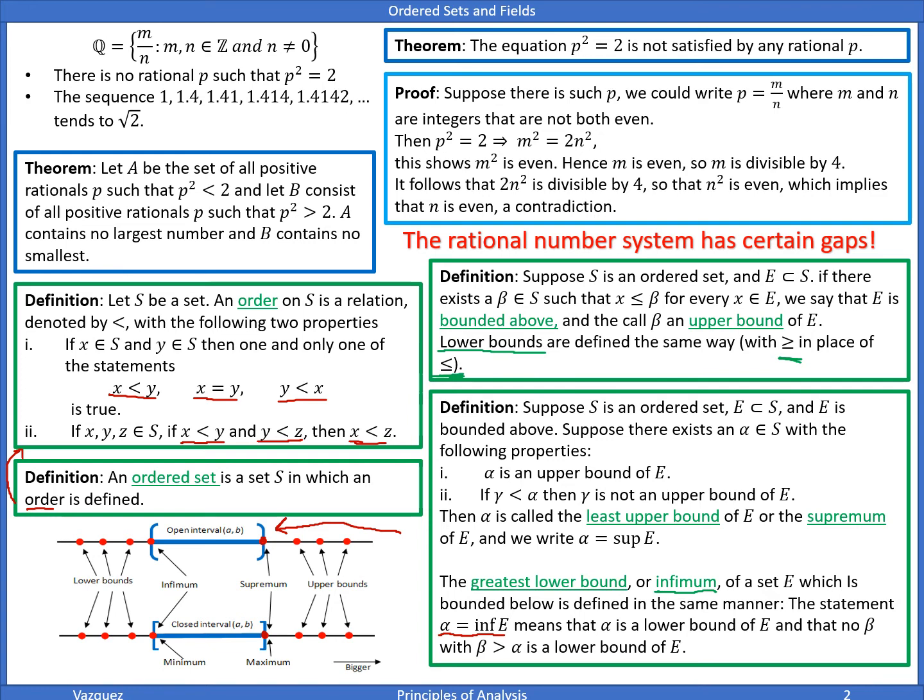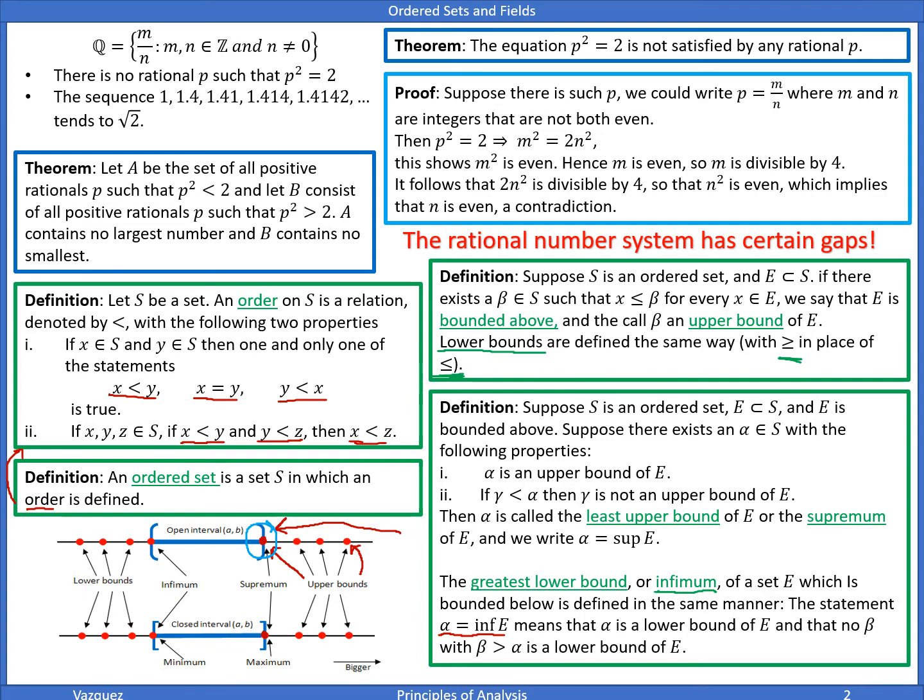But in this case it's open, so that point, the supremum, doesn't necessarily belong to the interval. But it is an upper bound, and so are these points over here that are labeled upper bounds. But this point, the supremum, I'm going to circle it in blue, is the least upper bound.